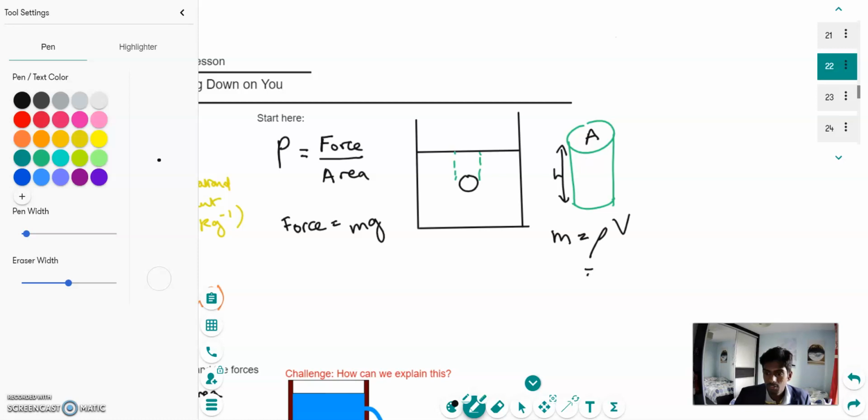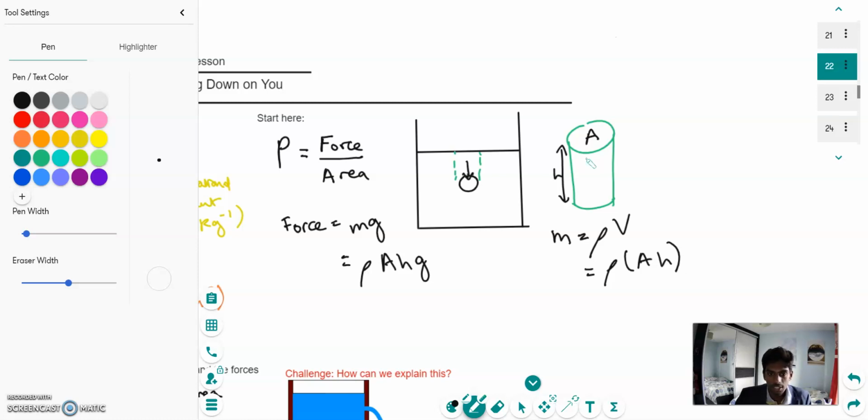And we know that the volume here is simply the cross-sectional area multiplied by the height of the cylinder. Now that we've done this, we can simply insert this back into our equation for the force. So we have rho A H G. That is the force of weight pushing down on the ball.